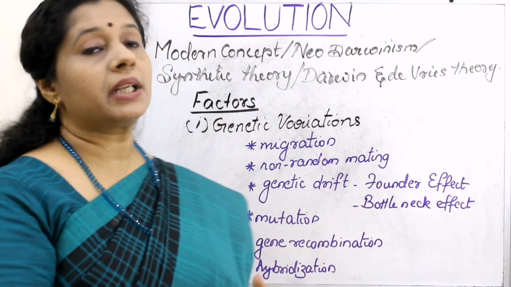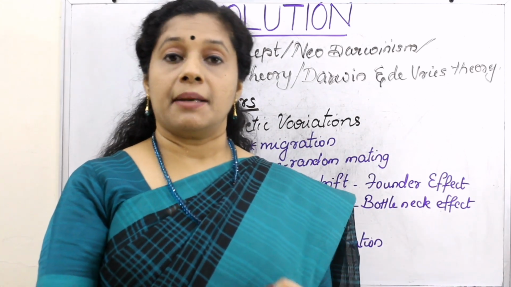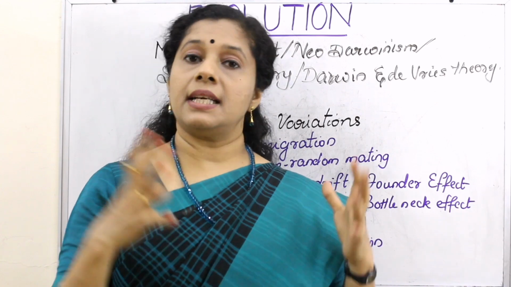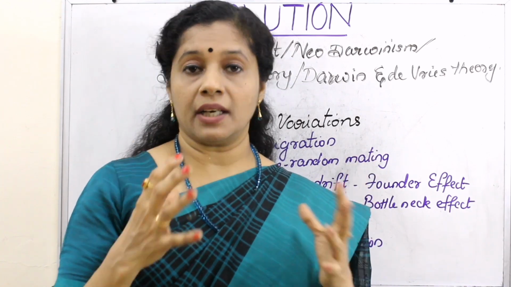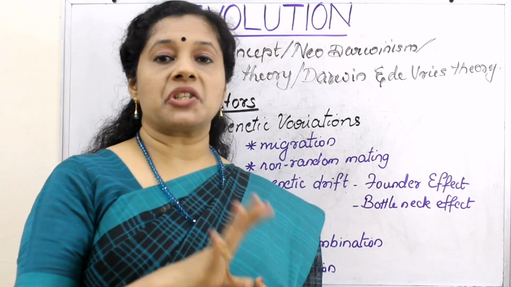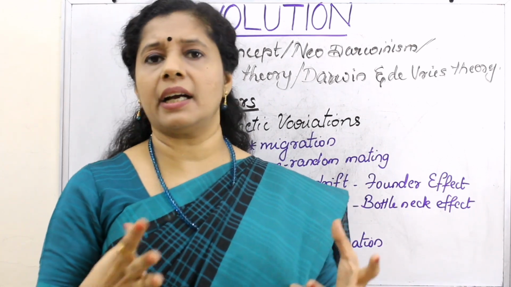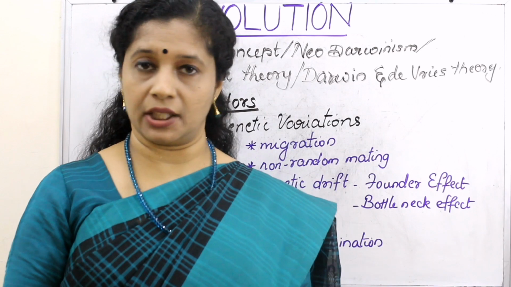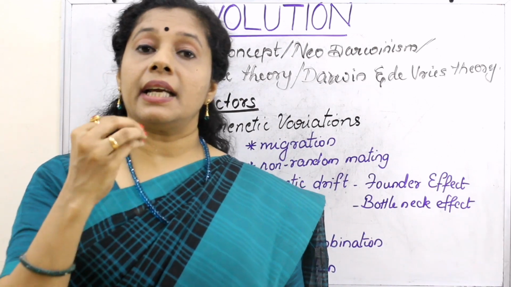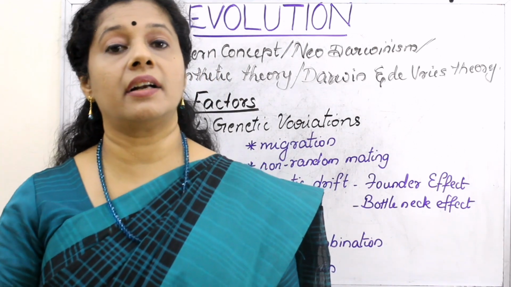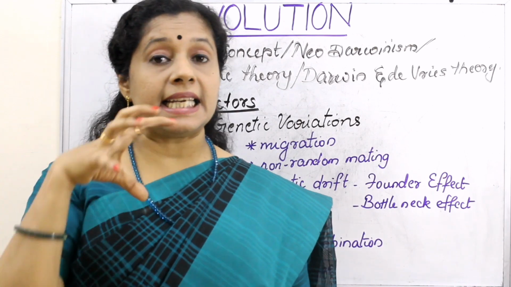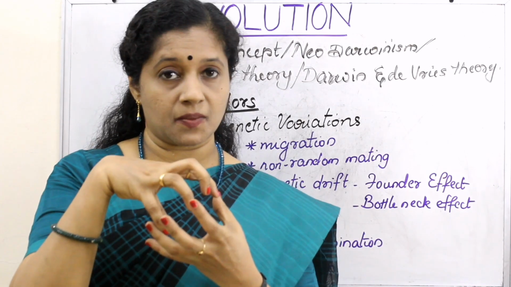Another effect is the bottleneck effect. Imagine another situation. These 1,000 people are living as a group. Some natural calamity occurred, maybe flood or drought or tsunami or earthquake. Only 300 survived, 700 died. These 300 are the survivors.